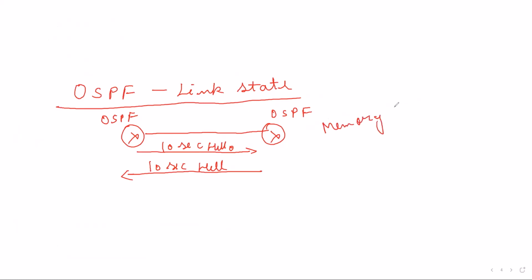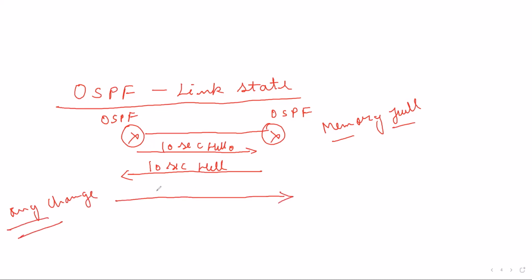First of all, it will not take too much processor memory, so everything would be fine. But when any change occurs, then it will send an update message. Only the update. Even in the update message, it will not share full information.